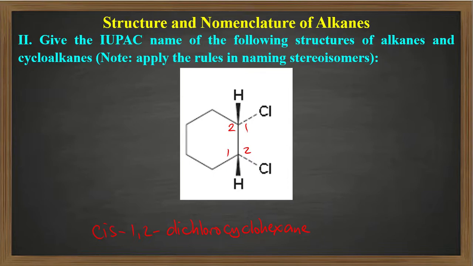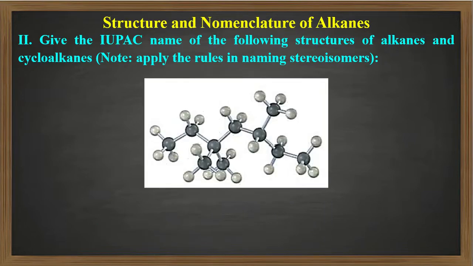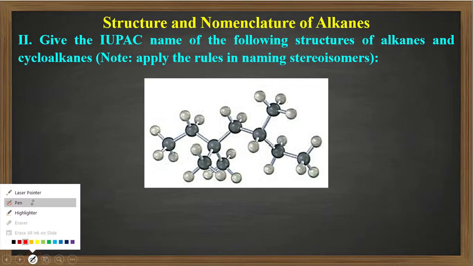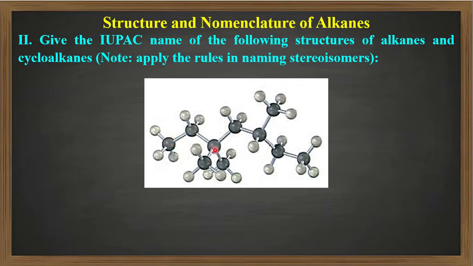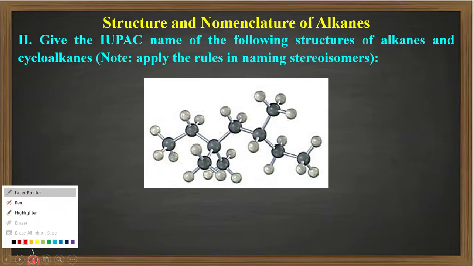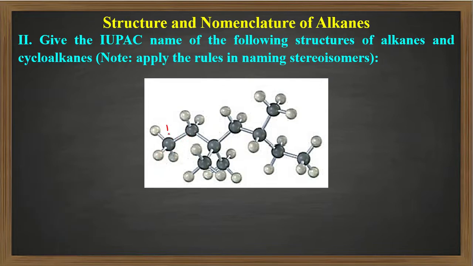Dichlorocyclohexane. Next. Alright, so again, the first step is to find the longest chain of carbon atoms. 1, 2, 3, 4, 5, 6, 7. So I think this is the longest chain of carbon atoms. If we start numbering from left to right, the nearest substituent will be in carbon number 3. If right to left, the nearest substituent is also in carbon number 3.